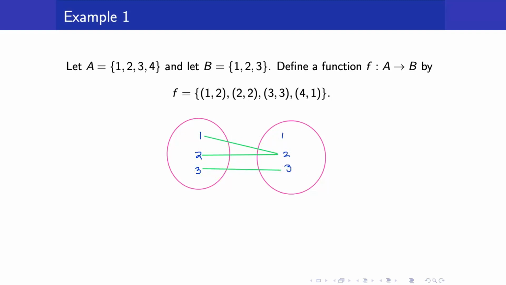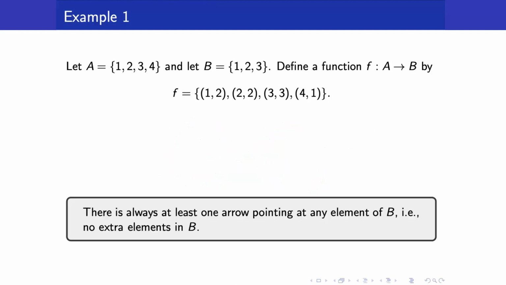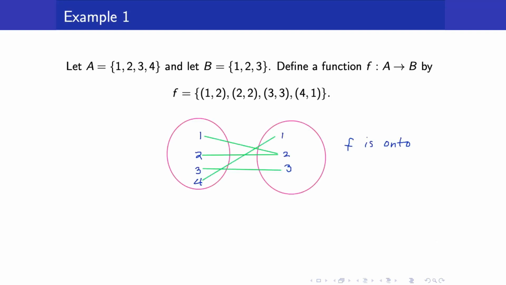I have 4 in A, and this one goes to 1. So in this case, we say that f is onto or surjective. This means that there is always at least one arrow pointing at any element of B. So again, if you look at this, there is always an arrow pointing to an element in B.